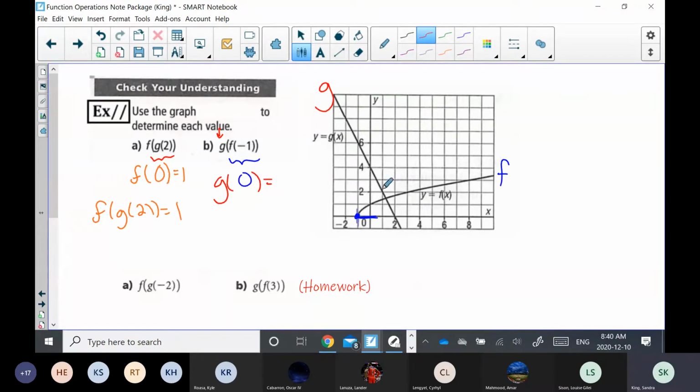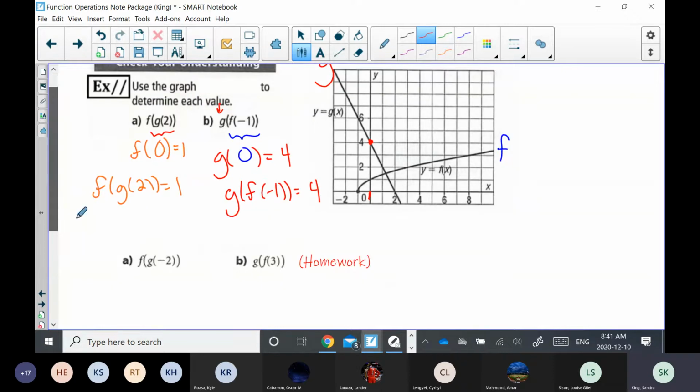Let's find x is 0. Okay, x is 0 is right here. Go up to your g graph, which happens to be this red graph, and g at 0 is 4. So my answer of g of f of -1 is equal to 4.